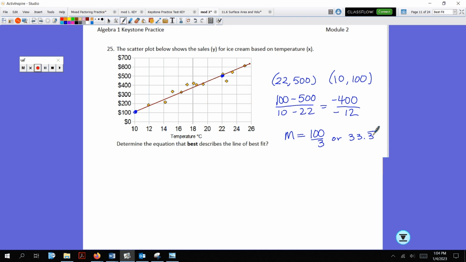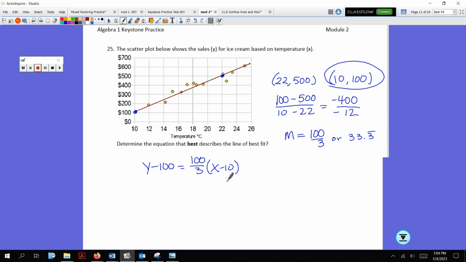I mean, you can try your very best. Let's try to write the equation of the line. I'm going to use this point this time. So y minus 100 equals 100 over 3 times x minus 10.